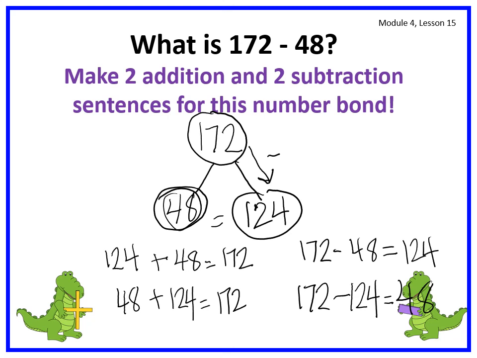So all three of those numbers are true when they're written in the equations the way that they are. The add-ins, or the parts that we have on the bottom, is what we add with. When we subtract, we have to start with our whole and either go to 124 or 48 first.